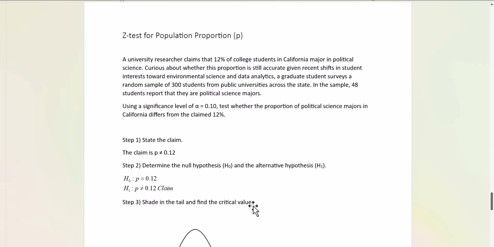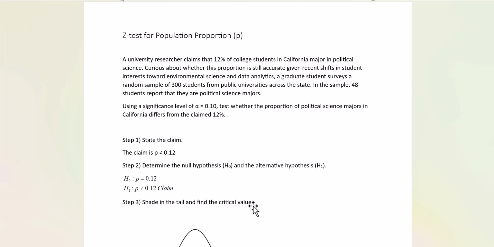And then finally, our last example is the z-test for a population proportion. Our example states the following. A university researcher claims that 12% of college students in California major in political science.